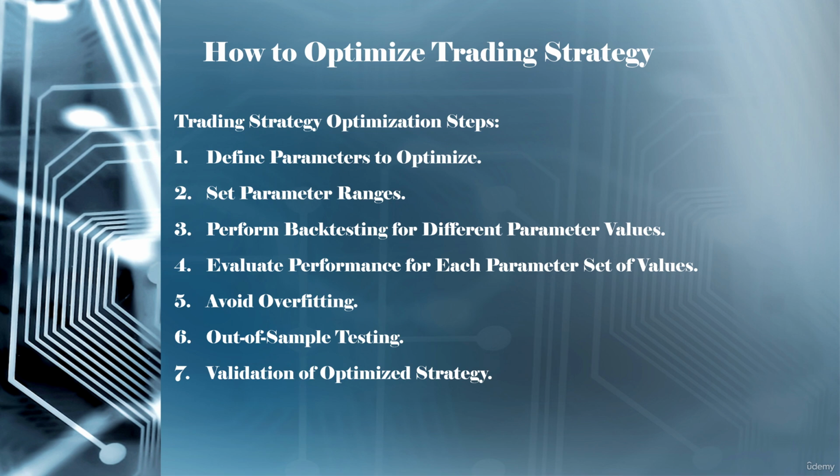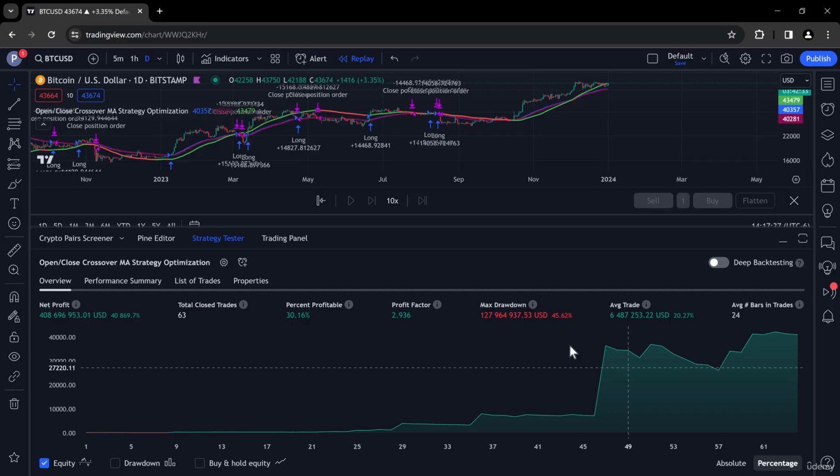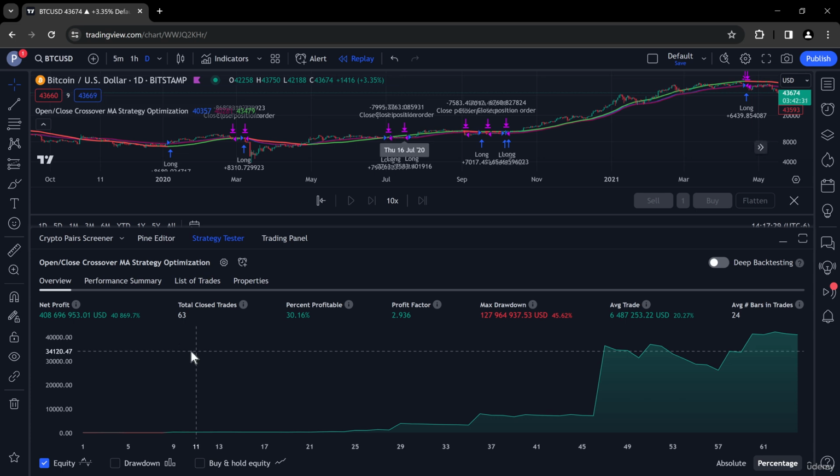Now let's practice optimizing a PineScript trading strategy with the strategy tester. Here we have the open-close crossover MA strategy loaded on the chart. After the backtest, we can see the performance metrics of this strategy.